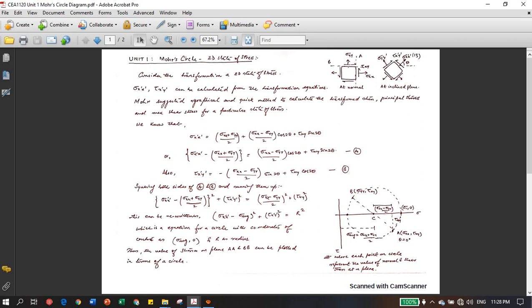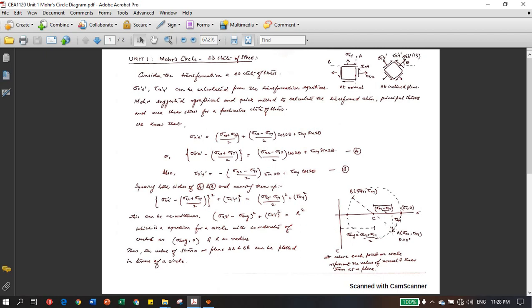Because at this plane, the shear stress will be clockwise in nature, and this is normal stress. And if this normal stress sigma x is compressive in nature, then you have to plot accordingly. This will be getting over here.